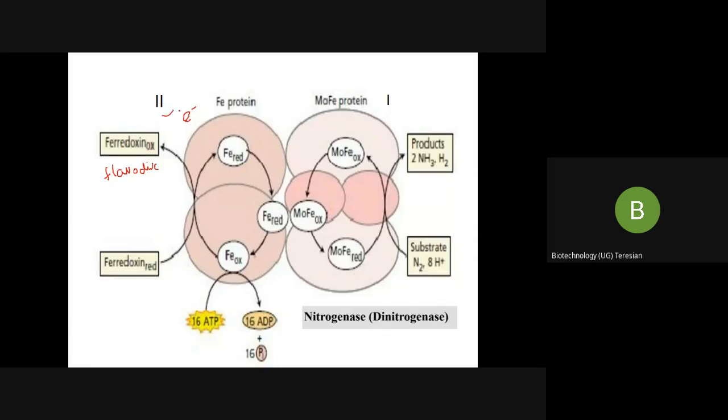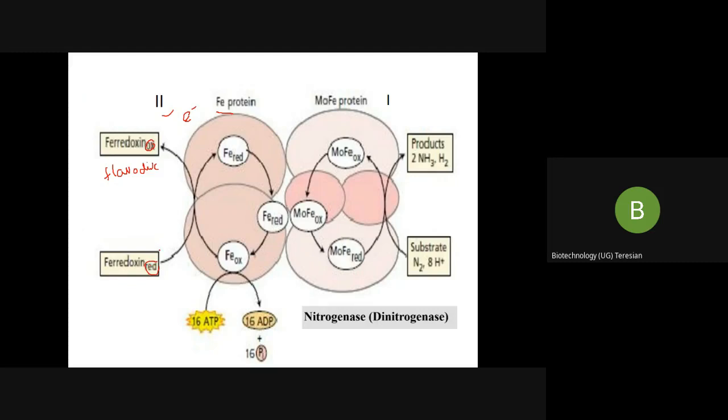The component 2. Who is my component 2? It is an iron sulfur protein. So the iron protein gets its electrons from the reduction of ferredoxin or flavodoxin, which is converted into ferredoxin reductase. So here it was oxidized, then it gets converted into the reduced form.